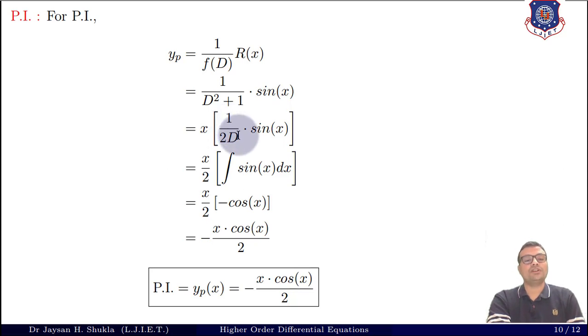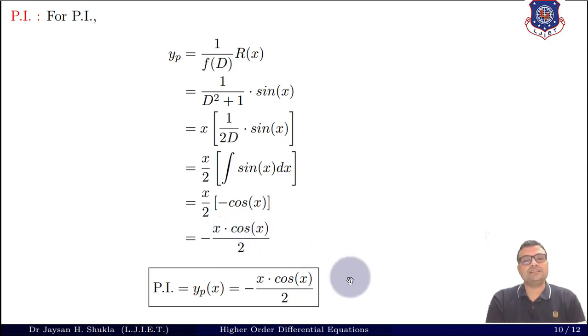So if I have 1 upon d, it indicates the integration of this function with this operator 1 upon d. So I am taking 2 outside, so it is x by 2, and then integrating sin x, it gives me x by 2 of minus of cos x. Now let us consider this as yp. So it is minus x into cos x by 2.